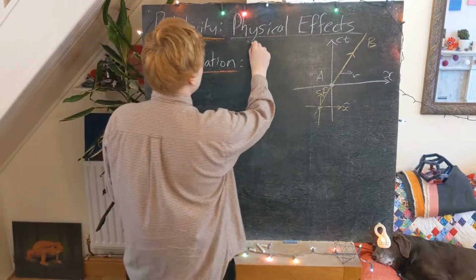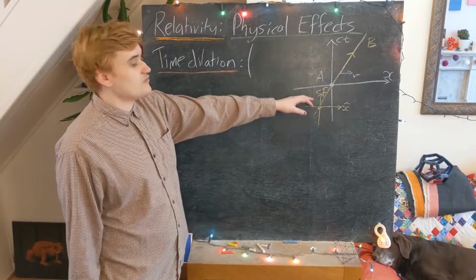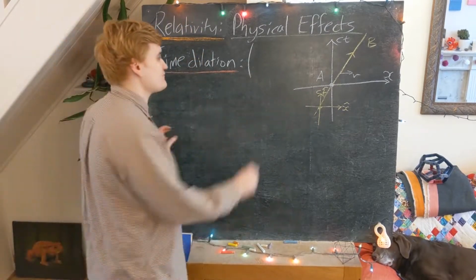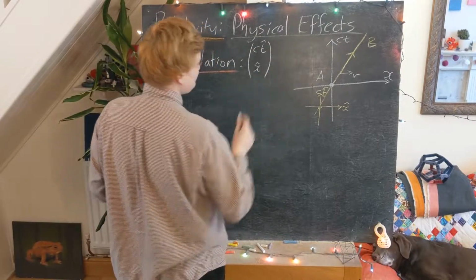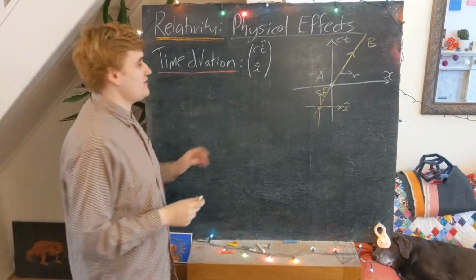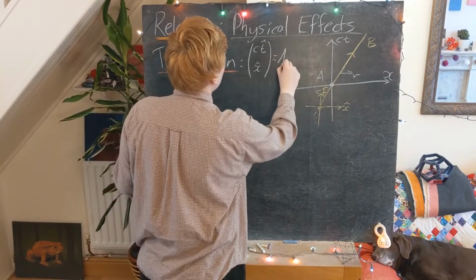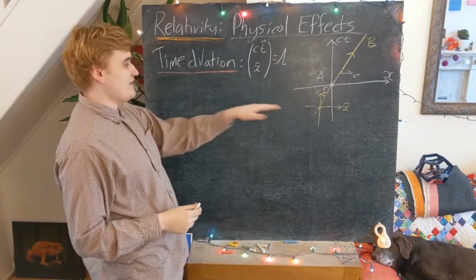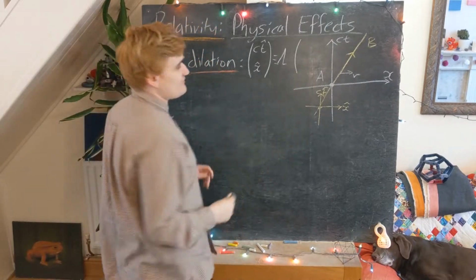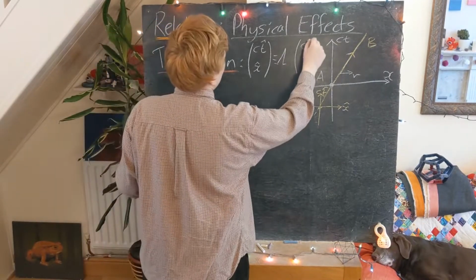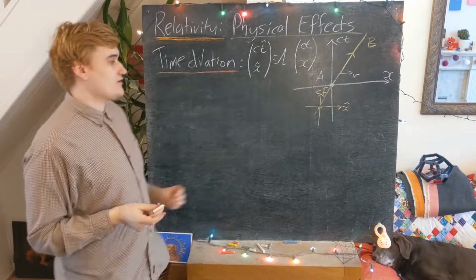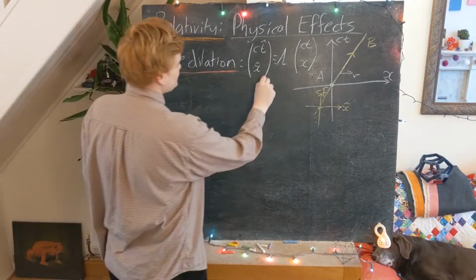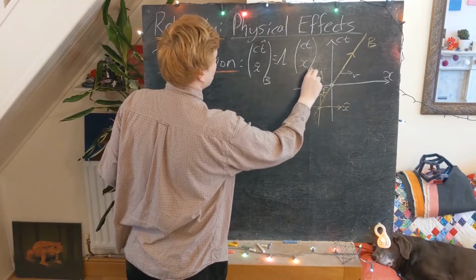So if I just write now that the moving observer's coordinates, CT hat and X hat, are simply going to be given by our Lorentz boost in the X direction as a matrix acting on the stationary A-frame coordinates. So this is the observer B, this is the observer A.